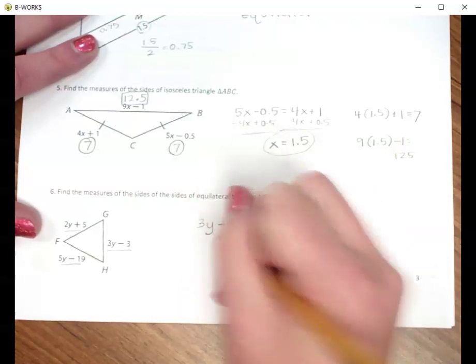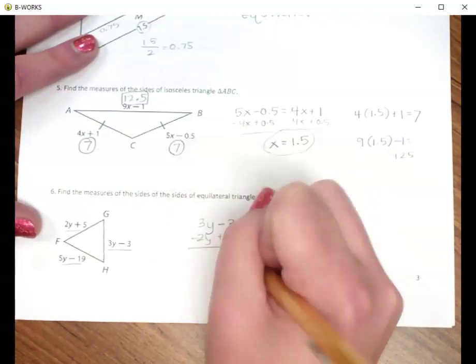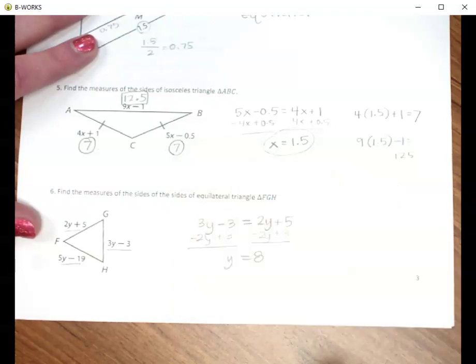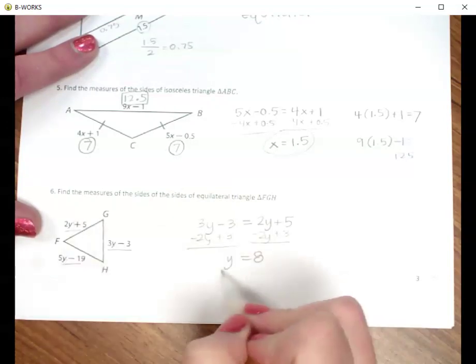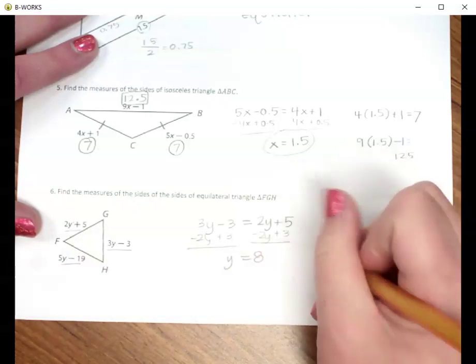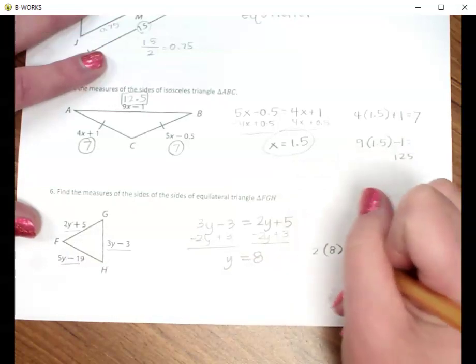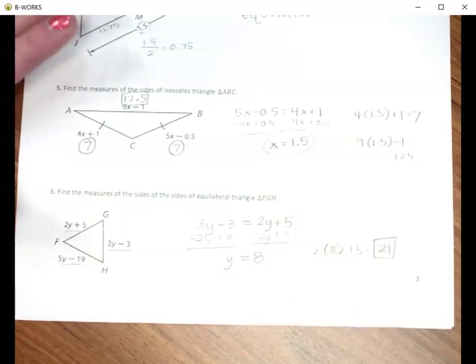If I add 3 to both sides and get my y's on one side, I get y to be a positive 8. But 8 is not what I was looking for. I wanted the length of the sides, so I'm going to pick any one of these 3 to put my y value back in. And I choose 2y, so 2 times 8 is 16 plus 5 is 21. All 3 of those sides of triangle FGH are 21 units long.